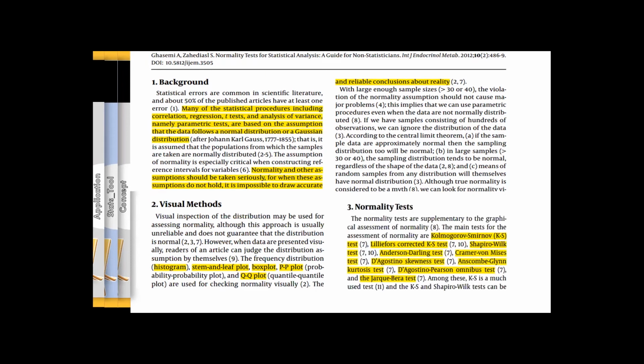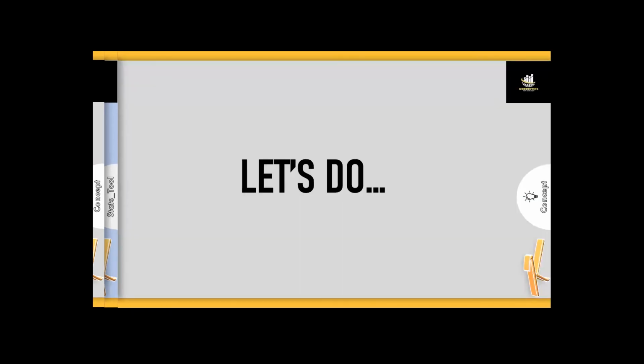In terms of normality tests, there are some standardized tests that are employed. Examples are Kolmogorov-Smirnov and the D'Agostino-Pearson omnibus normality test, among others. Now, having established the importance of normality testing in selecting our statistical analysis method, let's do some practice.